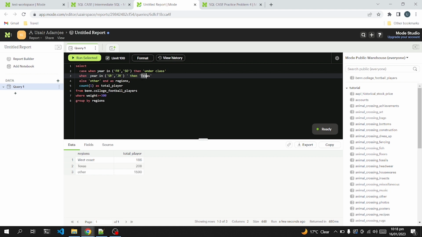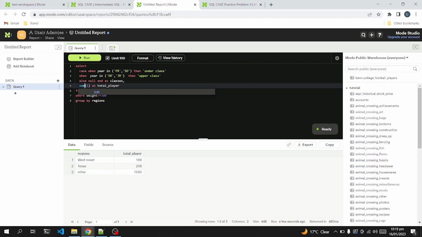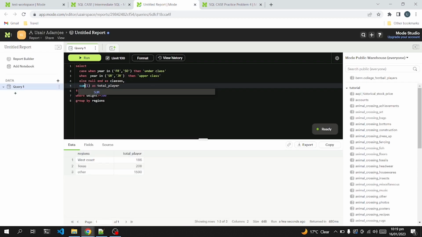Then upper class, else null, and as classes. Sum of weights, since we have to find the combined weight, sum it, weight, marked as combined weight.